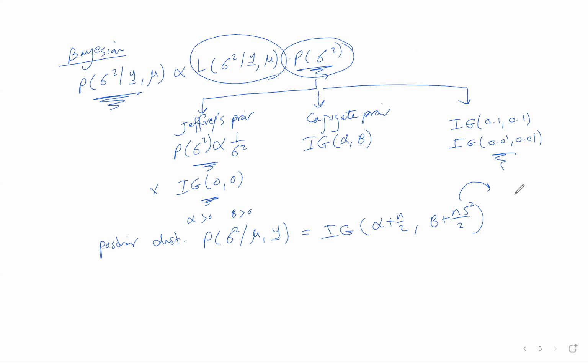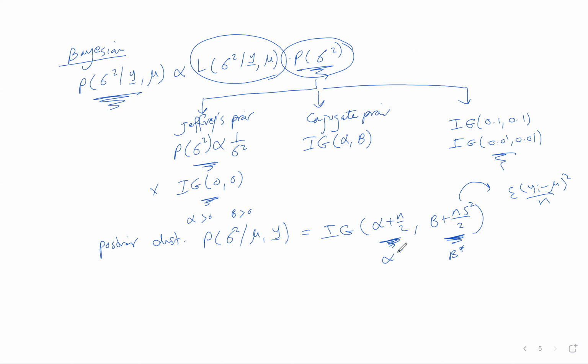What is s squared? It is the sum of (yi minus mu) squared divided by n, assuming we know mu. You can call these alpha new, beta new, or alpha star, beta star. It's up to you. So let's call this one alpha star, this one beta star.